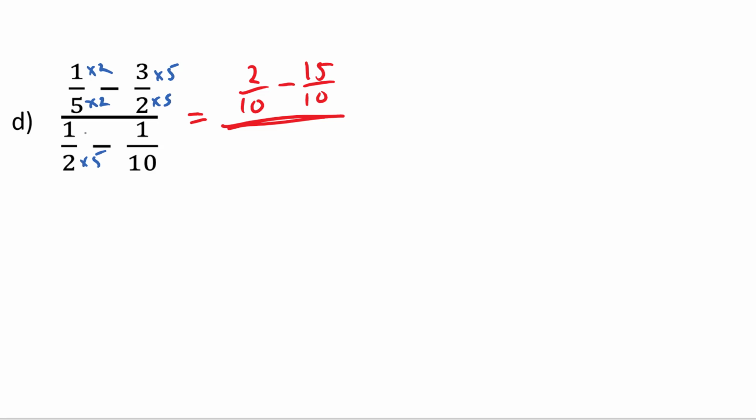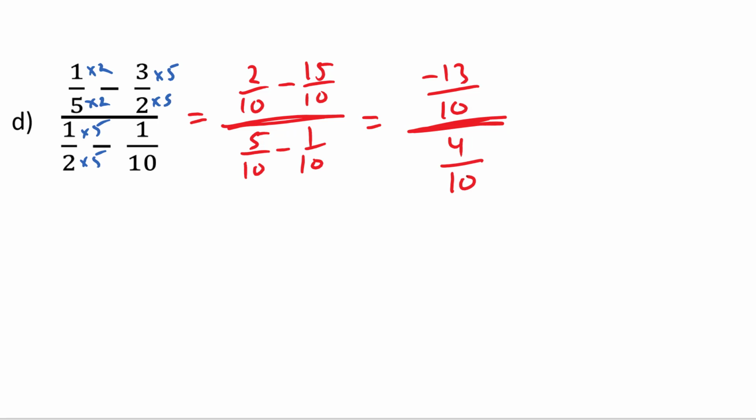So we multiply the bottom here by 5. Two minus 15 is going to be minus 13 over 10. 5 minus 1 is going to be 4 over 10. We will then write this as minus 13 over 10 divided by 4 over 10.